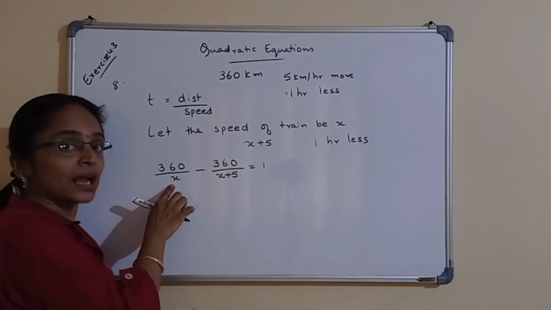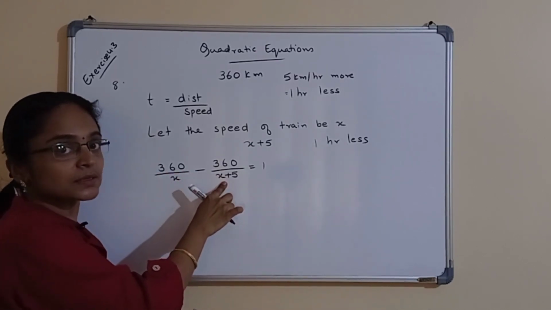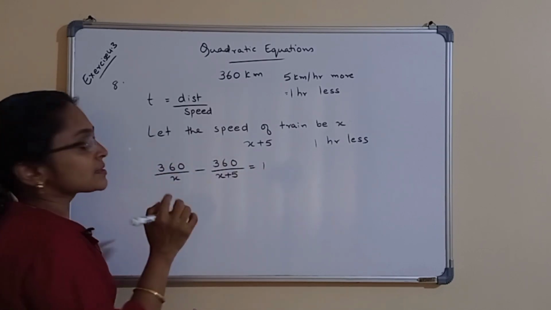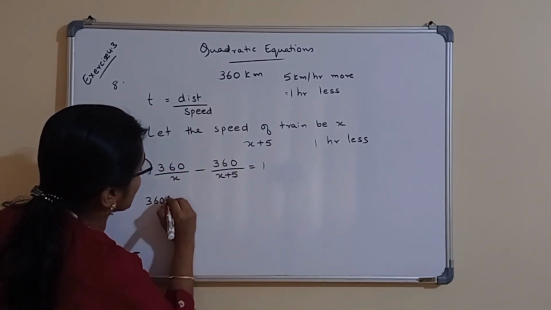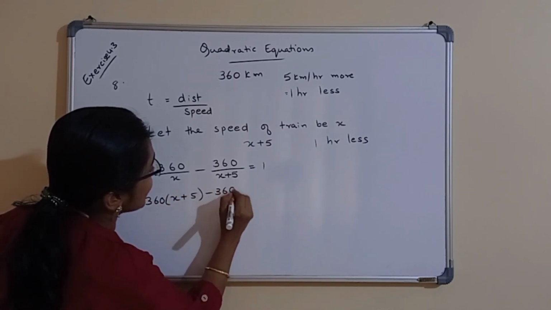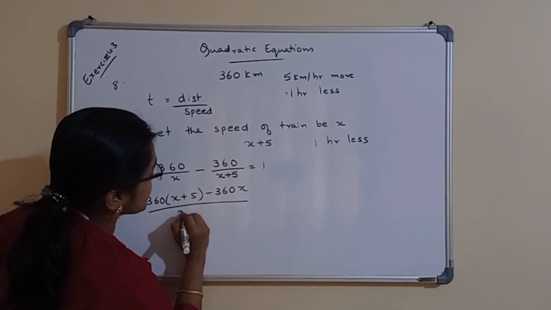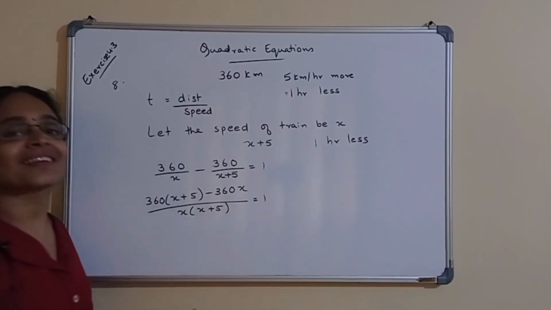This is taking 1 hour more. So 360 by x minus 360 by x plus 5 is 1. So from this we can solve. So 360 into x plus 5 minus 360x by x into x plus 5 is equal to 1.